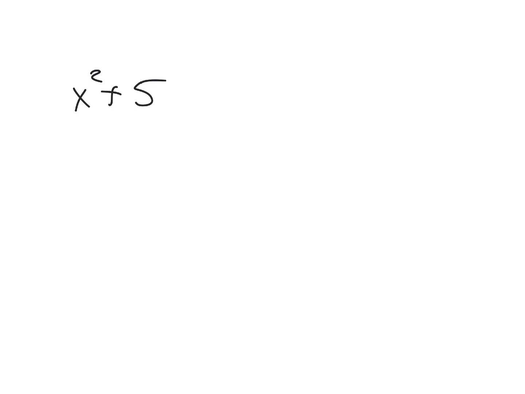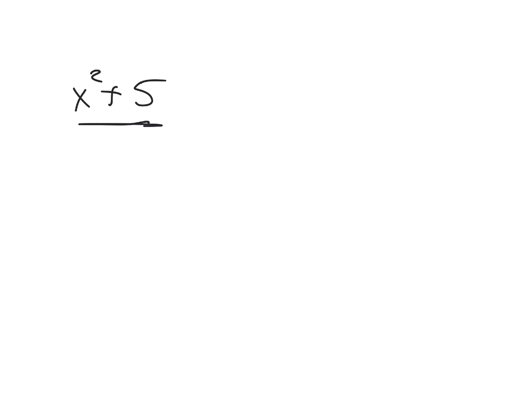Sometimes they will give you an expression like that. The difference between an expression and an equation is the expression does not have an equal sign. You're not solving for x. All you can do is simplify it or make the expression simpler. In this case, it's as simple as it can go, so you really can't do anything there.